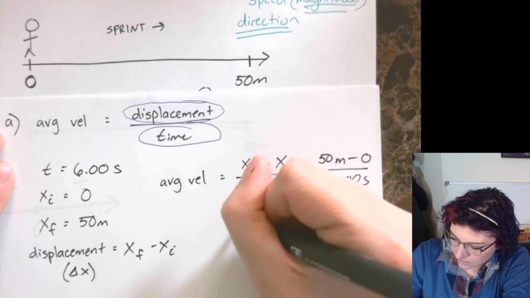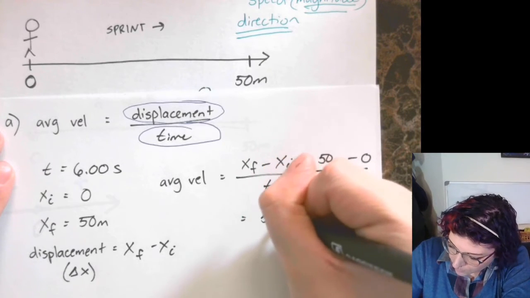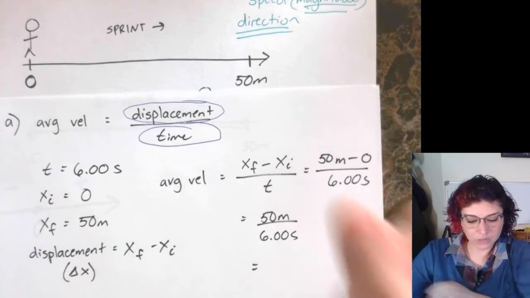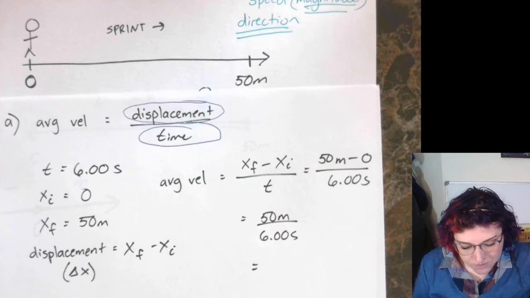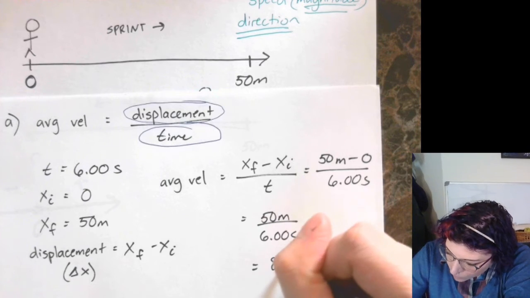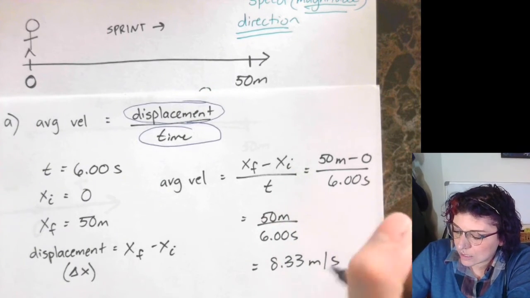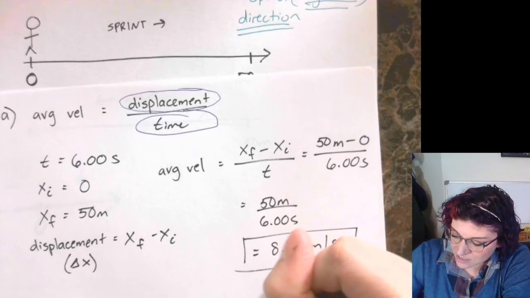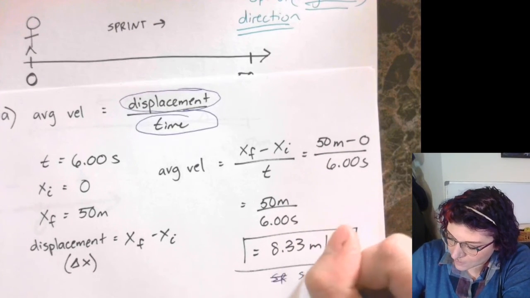All right, so that's just 50 meters over 6.00 seconds. And I get that my answer is 8.33 meters per second on that sprint.